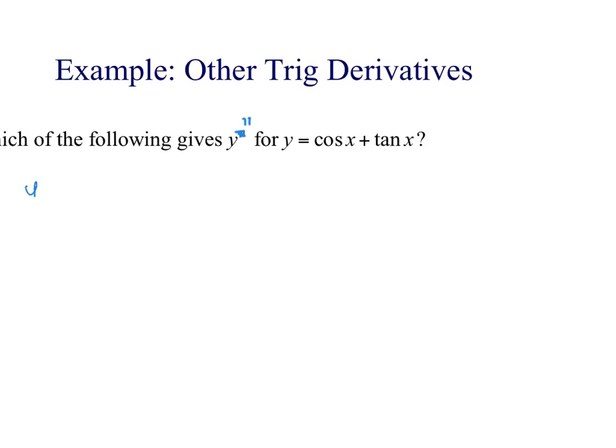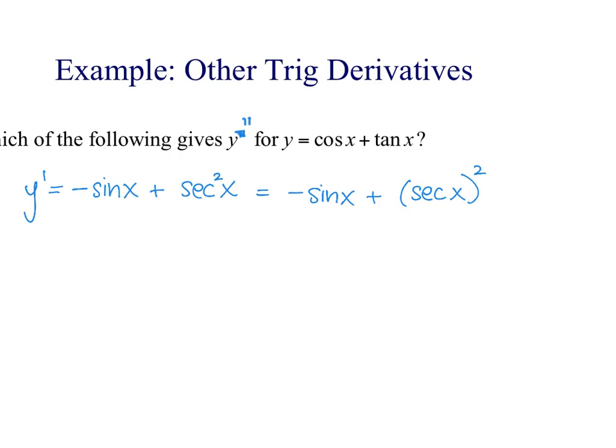So the first derivative of cosine plus tangent would be negative sine of x plus secant squared, which also could be written negative sine of x plus quantity secant x with the square on the outside.